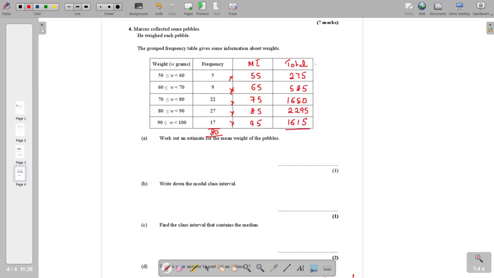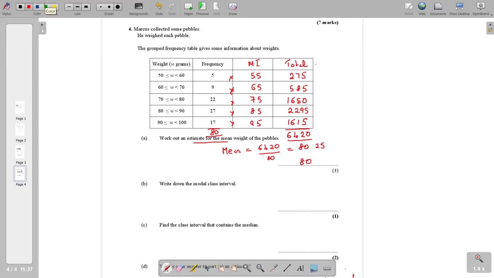We add it. 6420. Estimate for the mean is estimated total 6420 divided by the total frequency. That gives you 80.25. So you round it up, 80.